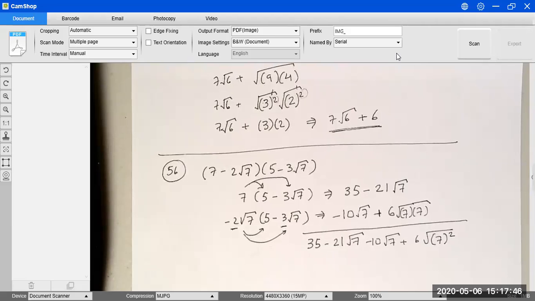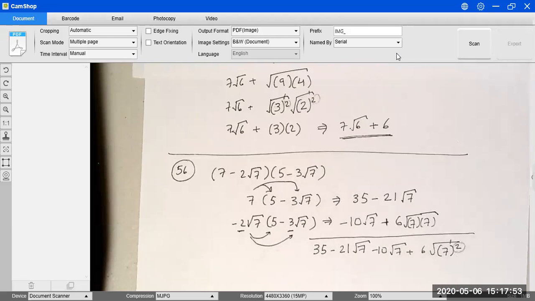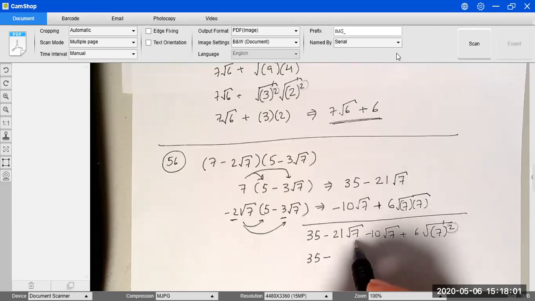So in the last case you can just cancel the square and the radical, so you end up with 35 minus, then you have here two like radicals, so they have the same radicand, they have the same index, so the only difference are the coefficients.